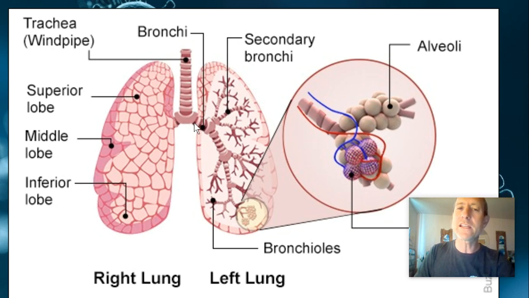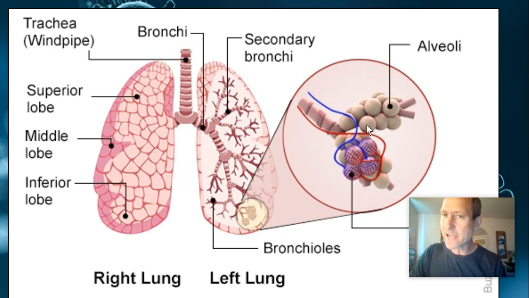And when it comes in, it splits into all these branches that are called bronchi. So as the air comes in, it reaches these dead ends here. And at these dead ends are these grape looking things that are called alveoli. So alveoli is plural for these sacs that are full of air, and alveolus is singular for one of these sacs full of air.